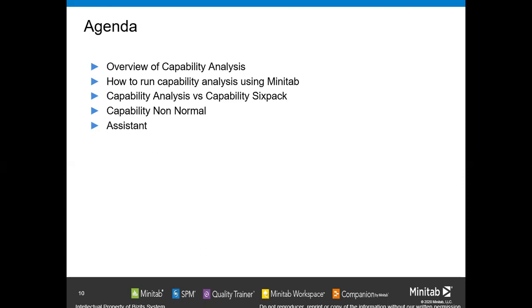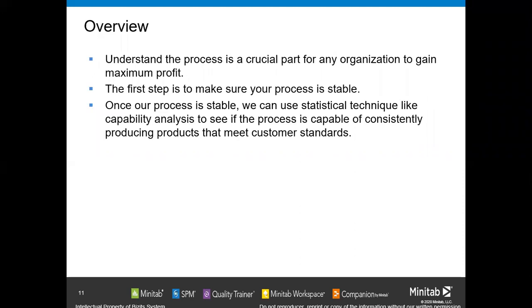And then if we have more time, I will cover capability for non-normal data and some features inside the capability analysis in Minitab. Okay, so overview: understanding the process is a crucial part for any organization to gain maximum profit.